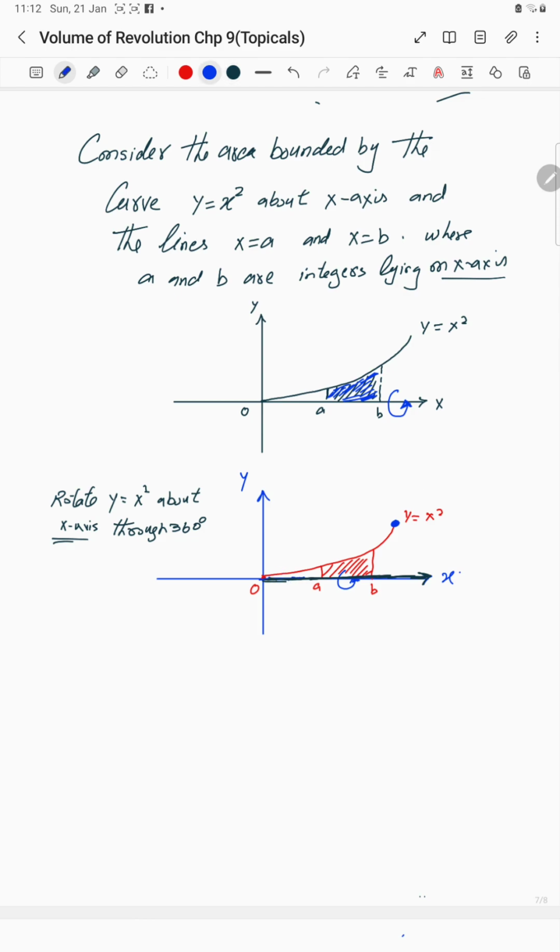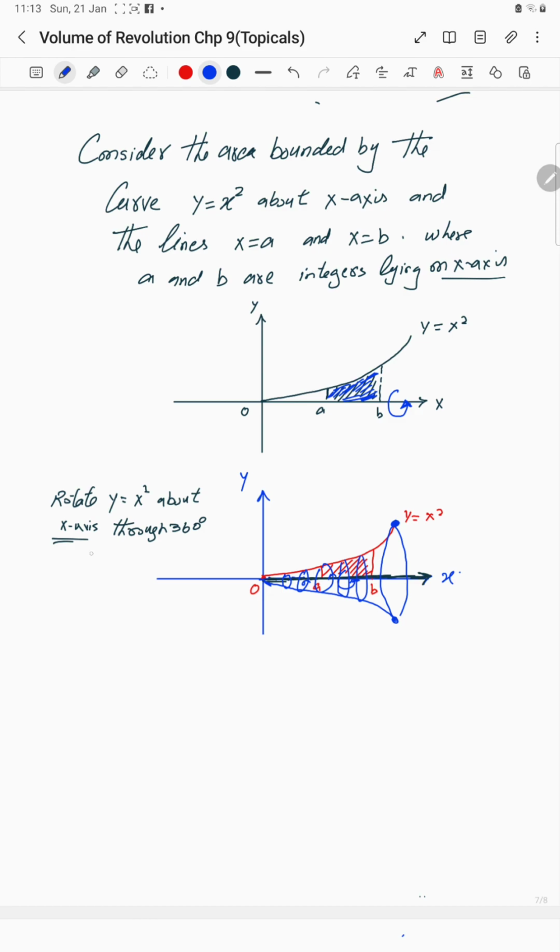You will see the figure will be like this. I'm going to rotate it in smaller circles, like this and this. Starting from the x-axis, you will see that this will be like this. So I will get a solid of revolution in this way.